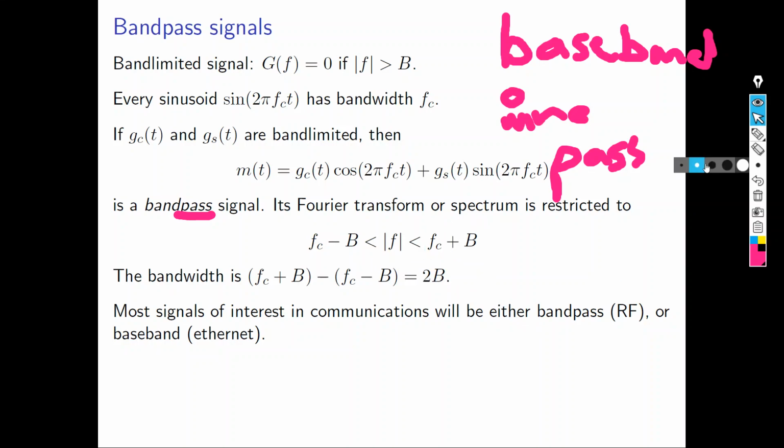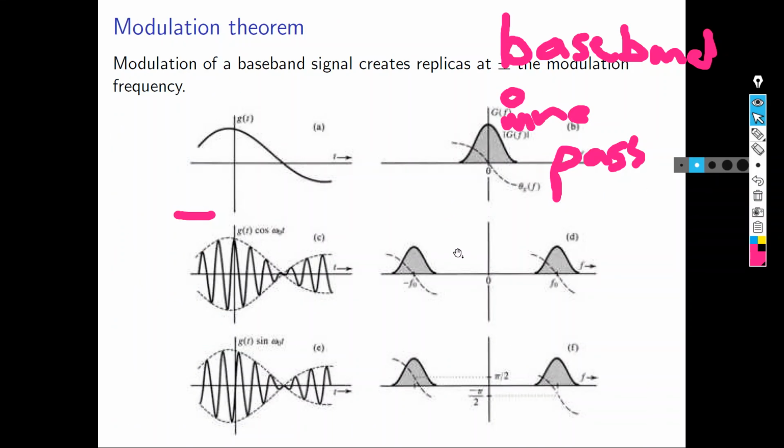Let me give you an example. You saw this example. What's the bandwidth here of this original signal? Let's say from here to here, B. When you modulate it, the bandwidth here is B, and the bandwidth here is B. What's the total bandwidth? Here it is around fc, while here it was around 0. The total bandwidth is 2B.